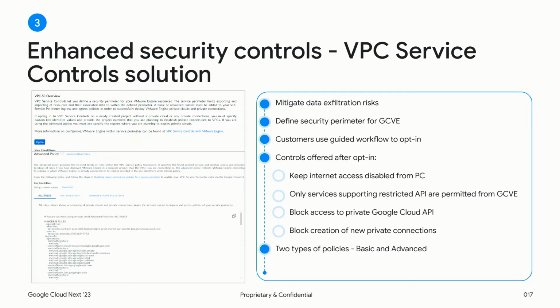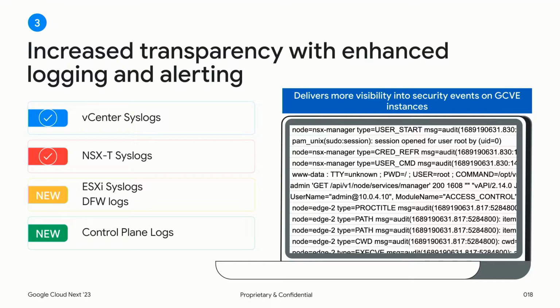I know that there's no external service being accessed. That is possible with VPC Service Controls in the cloud, and with the solution, it's also now possible on VMware Engine environments as well. So this is the first security measure that we are releasing.